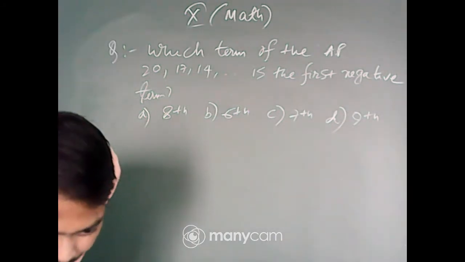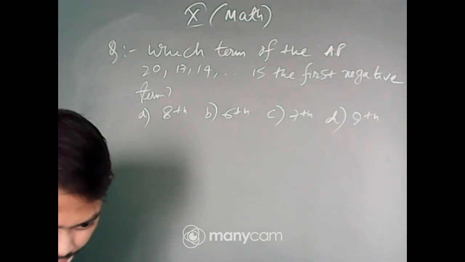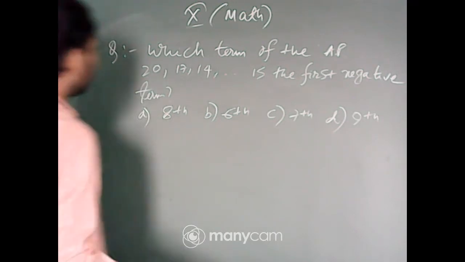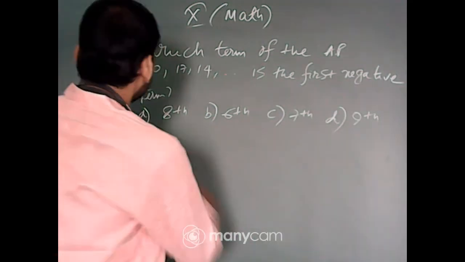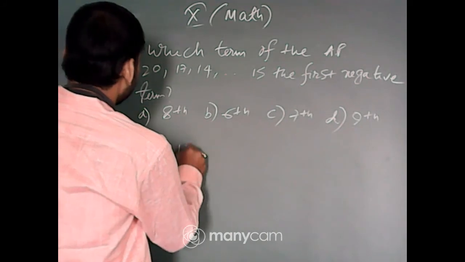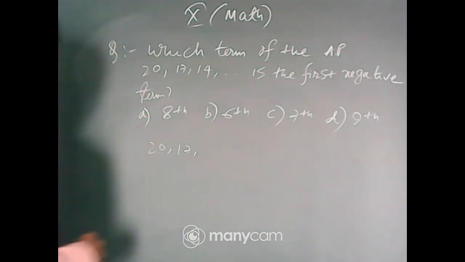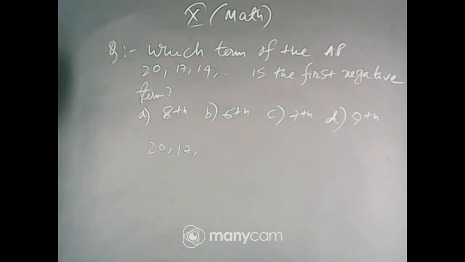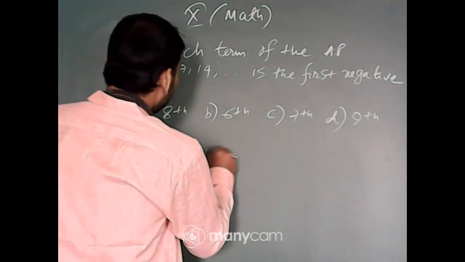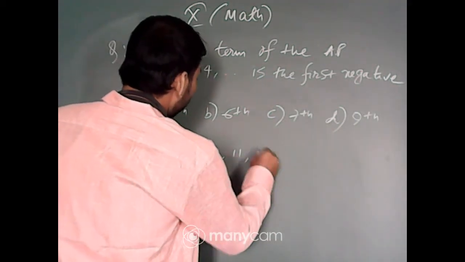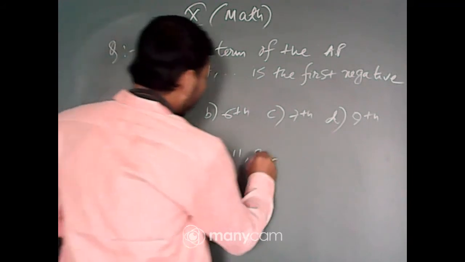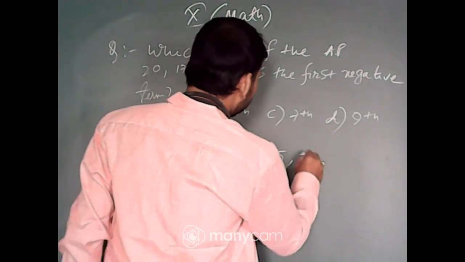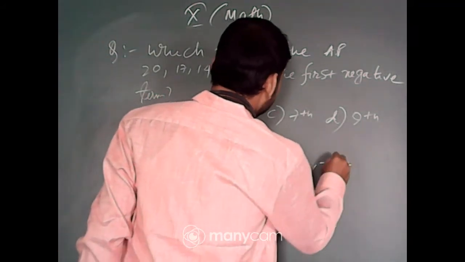Shubhajit is saying A. Ishanu is saying 8th term. The 8th term is the first negative term. The AP will be 20, 17. The common difference in this AP is minus 3. So 20, 17, 14, then 11, then 8, then 5, then 2, then minus 1.